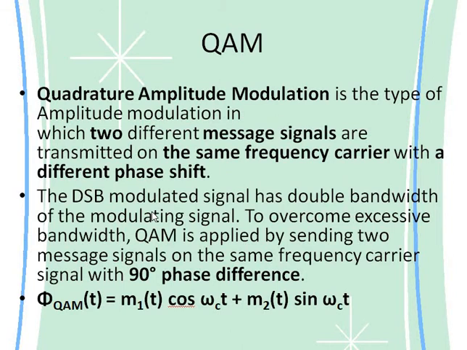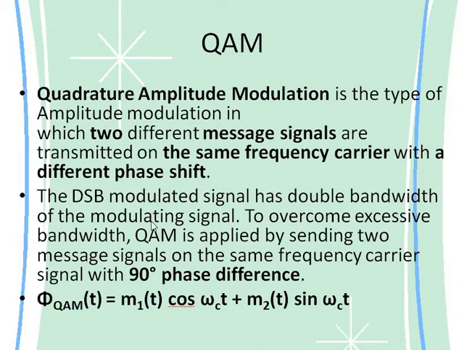And the next type of signal is quadrature amplitude modulation. Here the message signal is transmitted on the same frequency carrier with a different phase shift. We don't change the amplitude, but we will shift the phase.